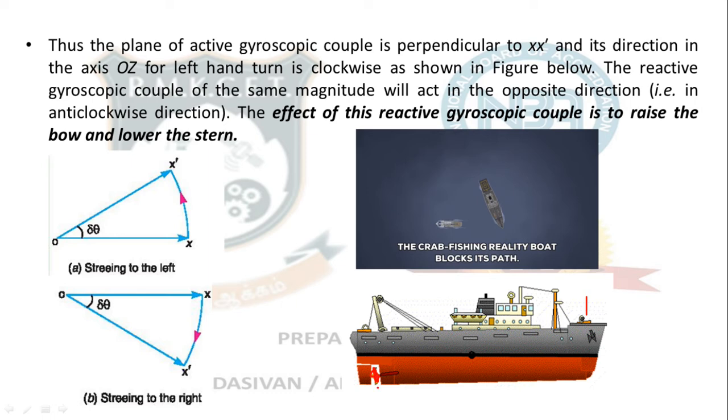What will happen? It will raise the bow and lower the stern. It will pitch as a result of this turning effect. So that is your reactive gyroscopic couple. Clear? Active is what you spend the energy on to turn the ship. Some energy is spent to turn the ship. The reactive couple will raise the front end of the ship and lower the back end. So that is your reactive gyroscopic couple.